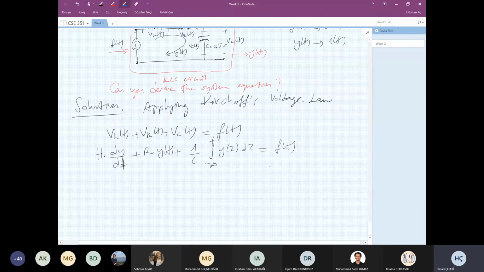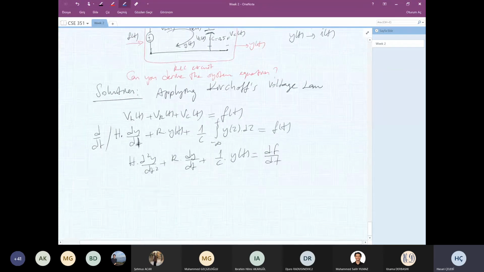And then I'm going to apply a differential to this equation. Then it's going to be the second derivative: L times d square y of t over dt square, plus R times dy over dt, plus the differential of the integration, which cancels out, so you just come up with 1 over C times y of t, equal to df over dt.